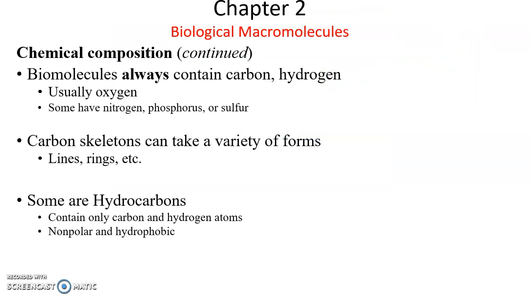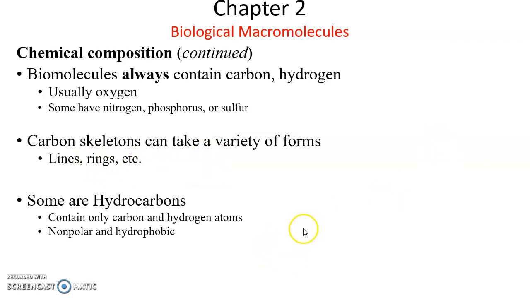Biological macromolecules. Macromolecules in our biology are all organic, so they have carbon and hydrogen, often oxygen, often nitrogen or phosphorus or sulfur. They will be more complicated, but they always have carbon and hydrogen. We can again form them in lines or rings, as I showed earlier.